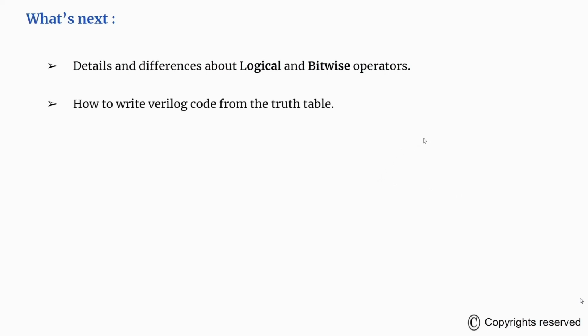In our next video, we will look into greater detail about what logical and bitwise operators are and how to write Verilog code from a truth table. So far we have seen how to write Verilog code from a circuit that we have or from a Boolean expression. In the next video, we will see how you can write Verilog code from the truth table. We will see what a test bench is and how to write a simple test bench.